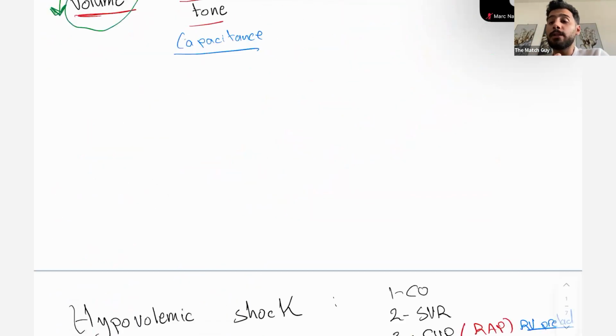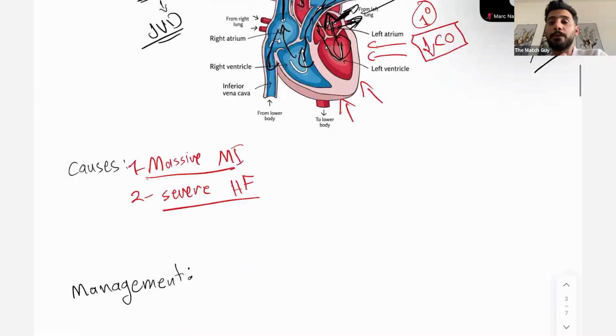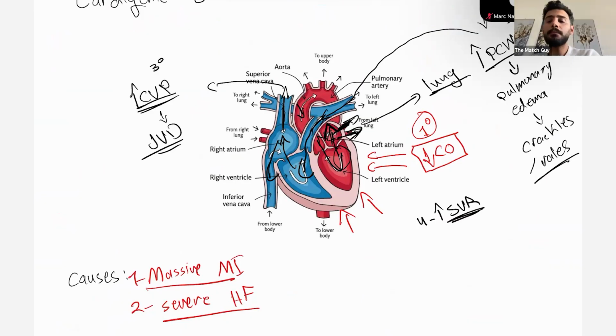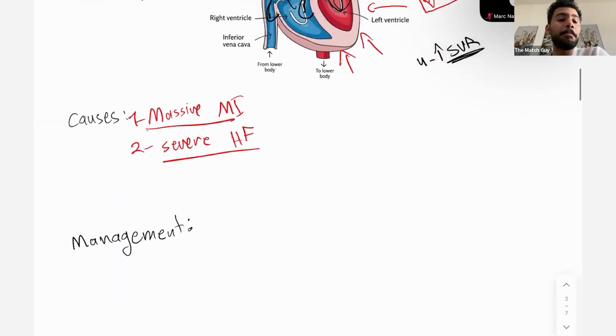And that's why the fourth and the last change that we're going to see in the setting of cardiogenic shock is going to be an increase in the systemic vascular resistance.